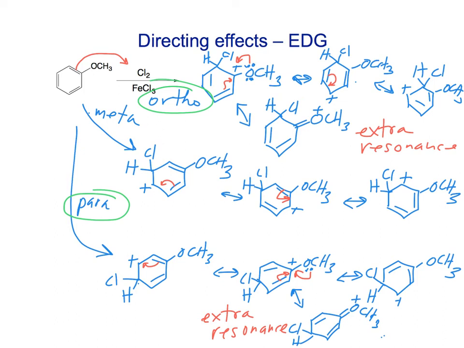Okay, so from these intermediates here, we could get to that product from any one of these intermediates. Okay, so what would happen is our base, or the iron tetrachloride anion, that Cl would remove a proton, those electrons would go into the ring, and electrons would go back up on the methoxy group, and we get to our product. Okay, so we're just looking at the rate determining step here. Okay, good question. All right?